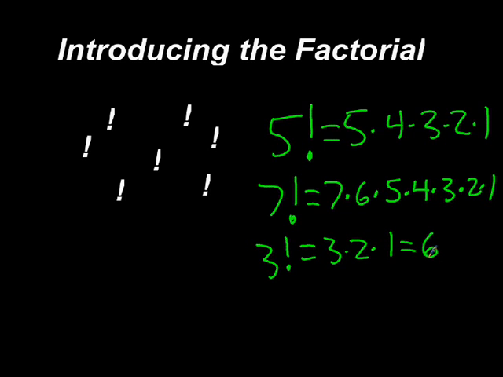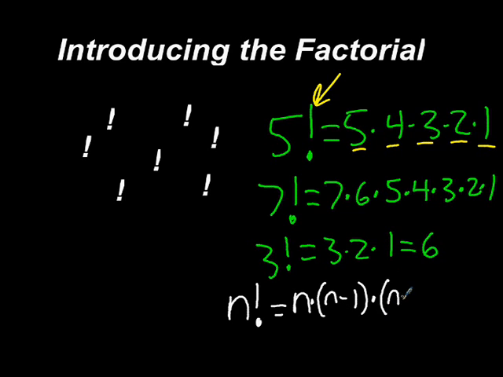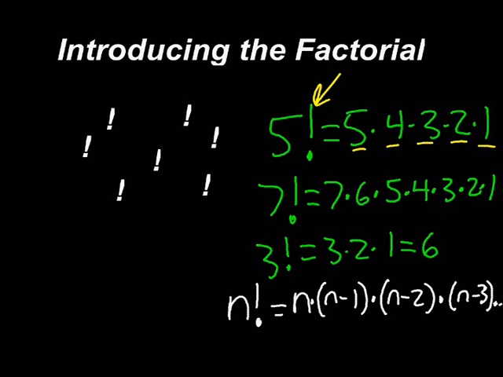There is a function on your calculator that you could use for the factorial so you didn't have to multiply all these out. Guess what n factorial is going to be? N is a variable. Well, if you've noticed the pattern, we have n times n minus 1 times n minus 2, and then times n minus 3, and so on and so forth.